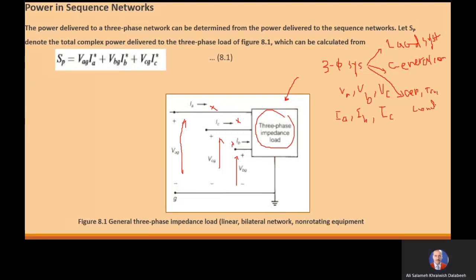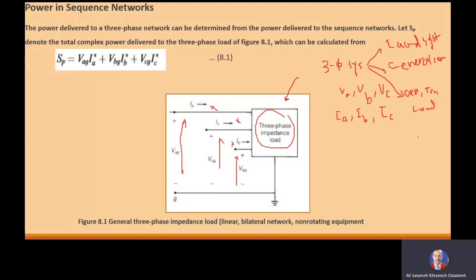The whole system consists of a part intended to produce power, to generate power, the second part, the transmission, and the third part, the load. The whole system is a three-phase system, and it also has three voltages, VA, VB, VC, and three currents, IA, IB, and IC.